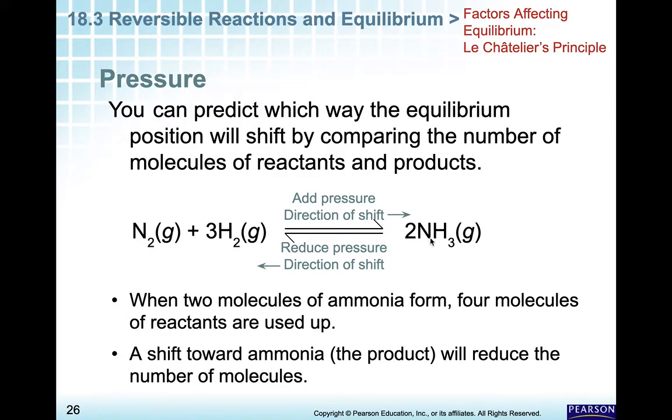Over here we've got a total of 2 moles of gas. If we increase the pressure, the system wants to decrease the moles of gas so that it can also be at a lower pressure. So there are fewer moles of gas over here, which means that if the system makes more product, it can decrease its pressure.